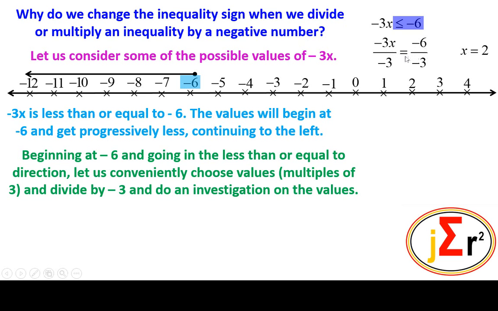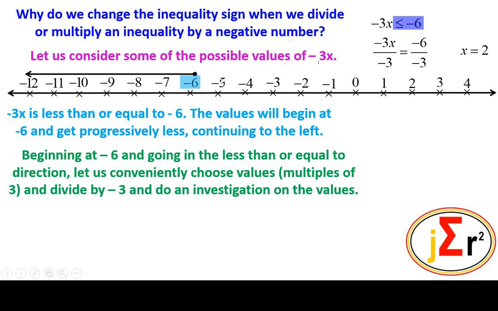So we may use an equal sign here. But this is not a solution of the inequality in general. We are just taking a look at the possible values of negative 3x and seeing how that will reflect on the possible values of x in the end.